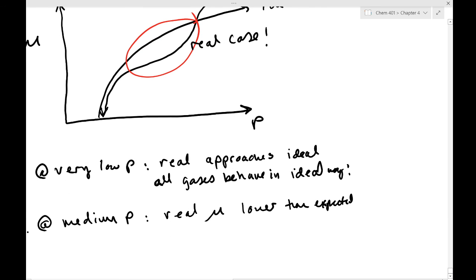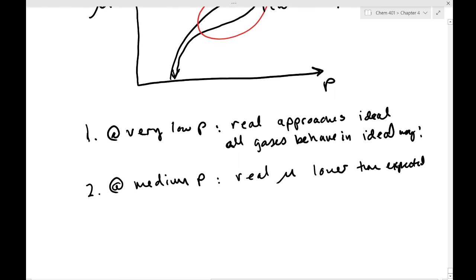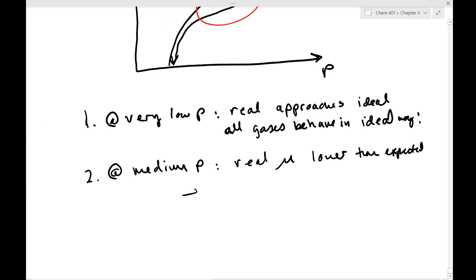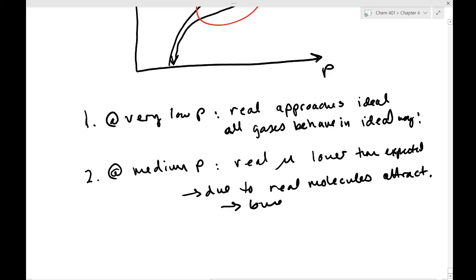This is due to the fact that real molecules slightly attract each other. Real molecules are slightly attracted to each other, and this lowers the energy, and therefore lowers the chemical potential.